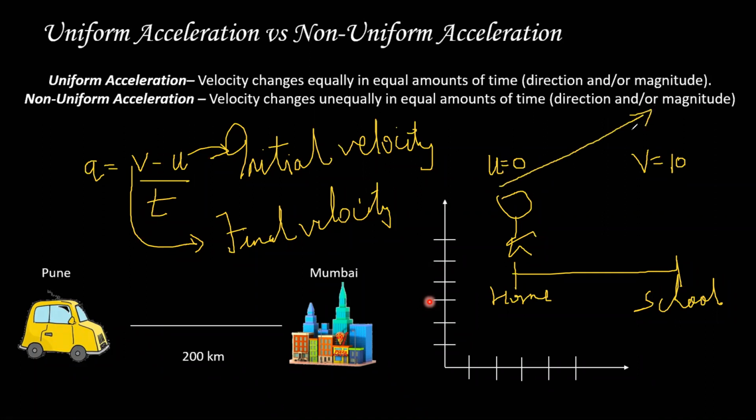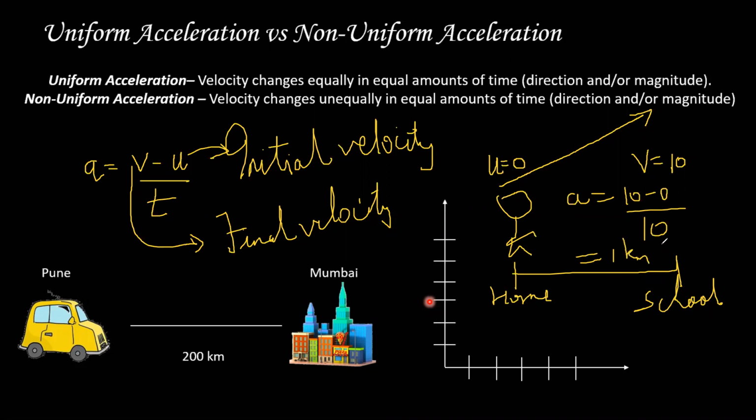So acceleration is nothing but that, right? Acceleration means change of speed or velocity. So I would say my acceleration A is v minus u by t. That means 10 minus 0 by t. So let's say I took 10 minutes to reach school. So 10 by 10, my acceleration would be 1 kilometer per minute.